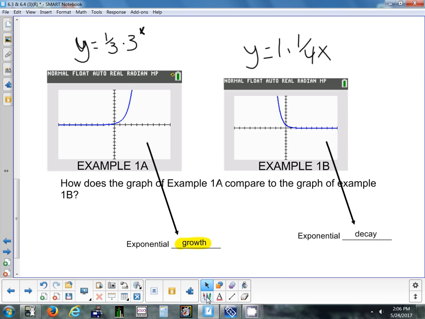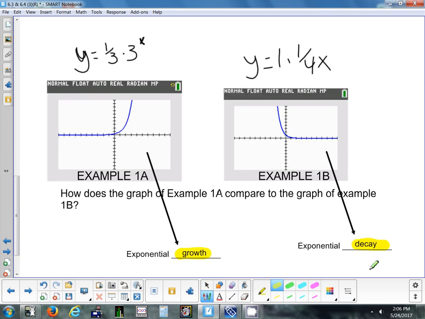So growth is up to the right, decay is down to the right. Growth, when I look at a chart, starts with fractions and goes to whole numbers. Decay starts with whole numbers and goes to fractions. That's why it comes down so quick. Gaining value, losing value. Remember, it's always based on going to the right. So that's what the graphs would look like.